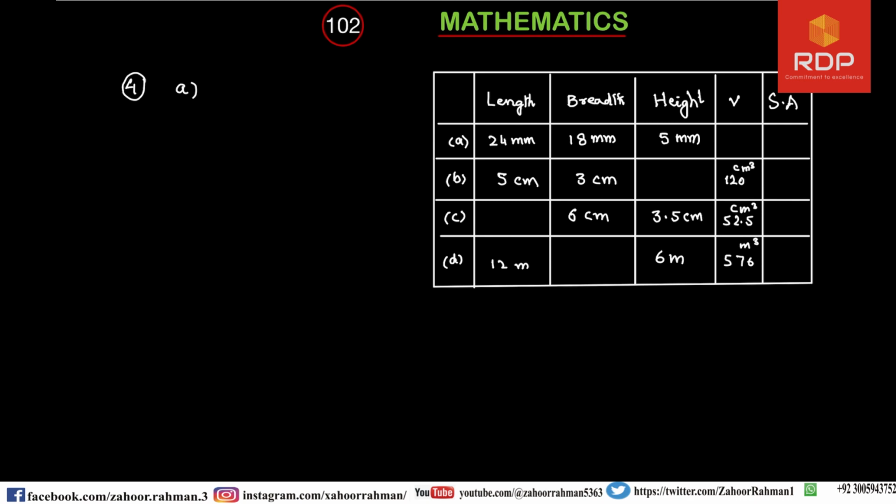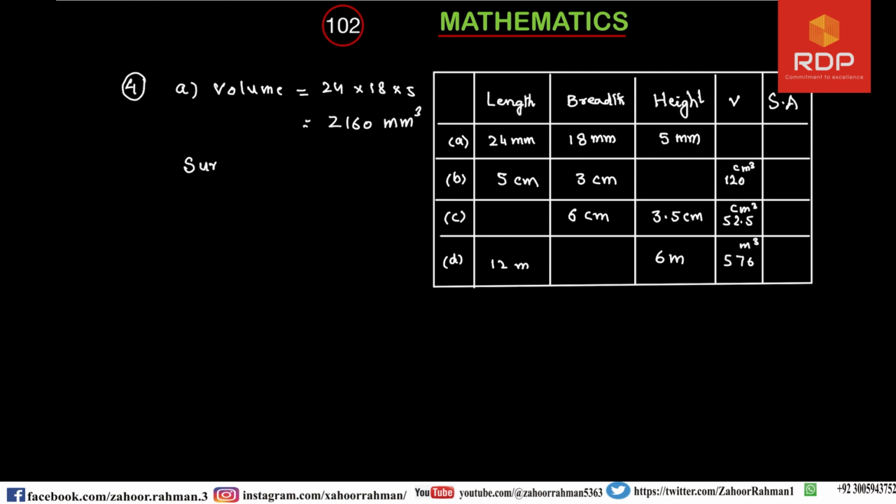First we have to find the volume, and volume is equal to length multiplied by breadth multiplied by height, and that will be equal to 2160 millimeter cube.